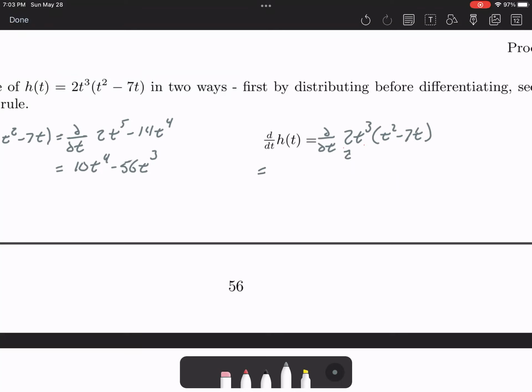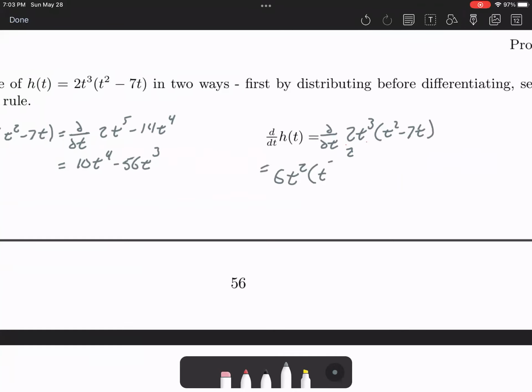The derivative of 2t cubed is 6t squared. And then I'm just going to copy down the other term in the product, t squared minus 7t. I will then add to that, I will copy down the 2t cubed, because that's what we differentiated over here. And now I will differentiate the parentheses, the 2t minus 7.